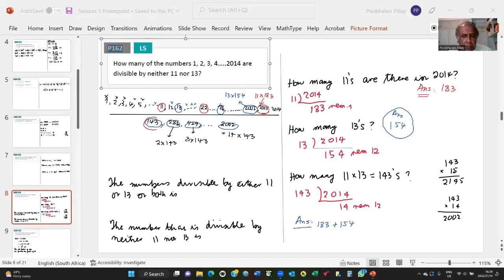So I would have ringed this thing when I was ringing 11s. So in other words, these numbers would have been ringed twice. So when you are counting 183 plus 154, you're not getting a proper count because some of these things are ringed twice. So you have to remove the number of numbers which are ringed twice because you only want to count them once, right?